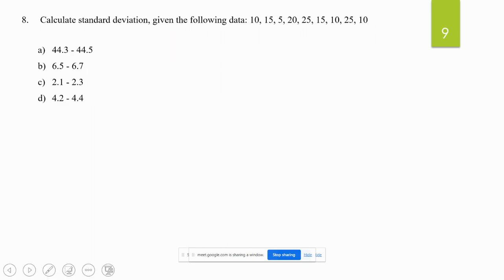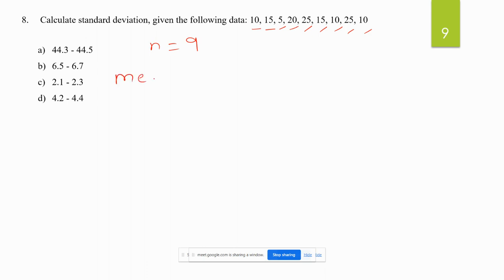Now, in this question there was a little calculation. Calculate the standard deviation given the following data. We have 1, 2, 3, 4, 5, 6, 7, 8, 9, so our n is equal to 9.